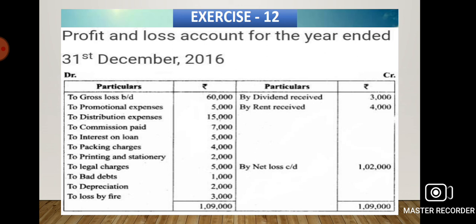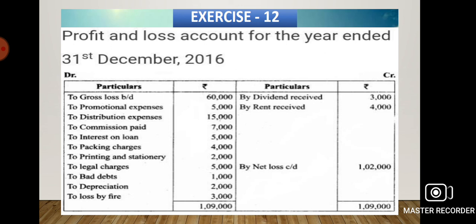To promotional expenses 5,000, to distribution expenses 50,000, so 15,000, to commission paid 7,000, to interest on loan paid 5,000, to packing charges 4,000, to printing and stationery 2,000, to legal charges 5,000, to bad debts 1,000, to loss by fire 3,000, to depreciation 2,000.